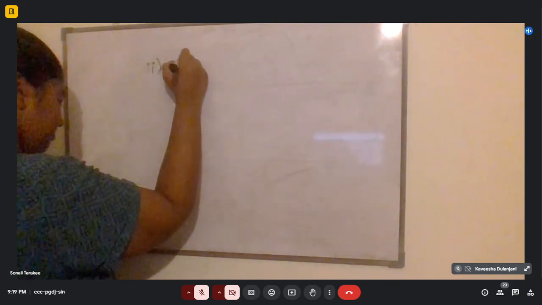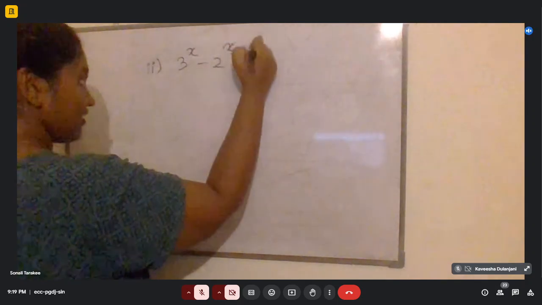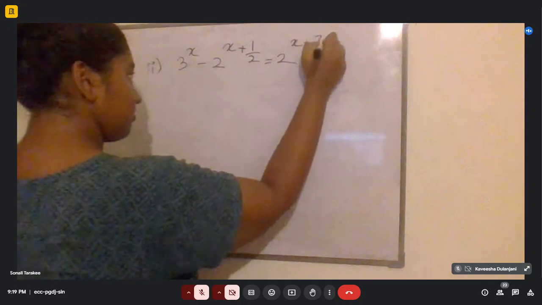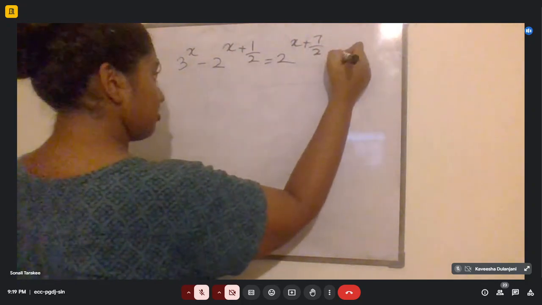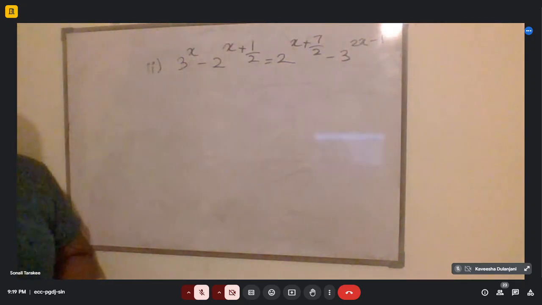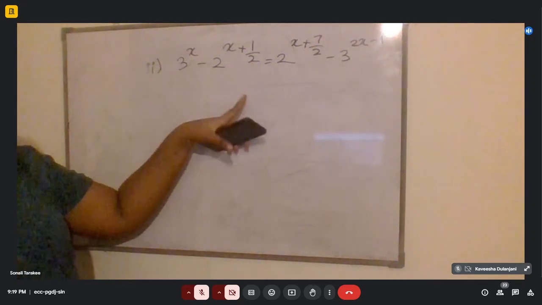Here the question is 3 to the power x minus 2 to the power x plus half equals 2 to the power x plus 7 over 2 minus 3 to the power 2x minus 1. At least tell me whether you have solved this question.